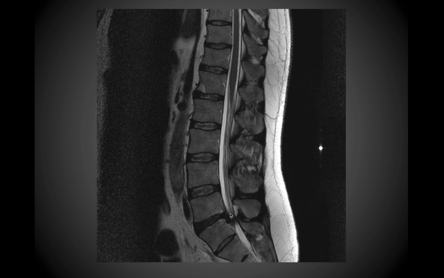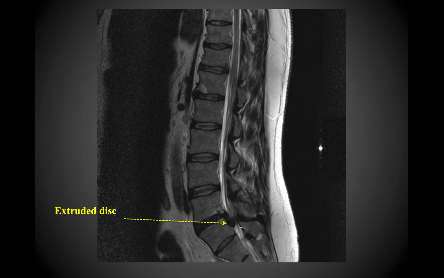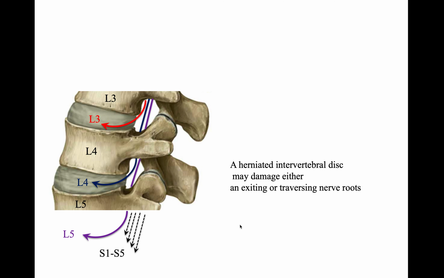And then as we follow this, you'll see that now it's clearly differentiated into an extruded disc, where you can see it obviously compressing the cauda equina. So those nerve roots located there, the motor and or sensory roots, would be compressed, causing significant pathology or symptomology for this patient, almost certainly.